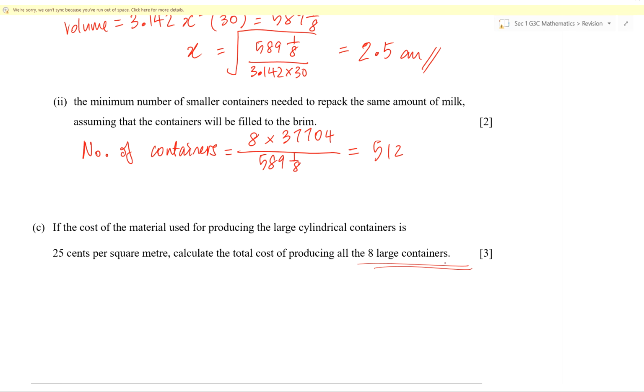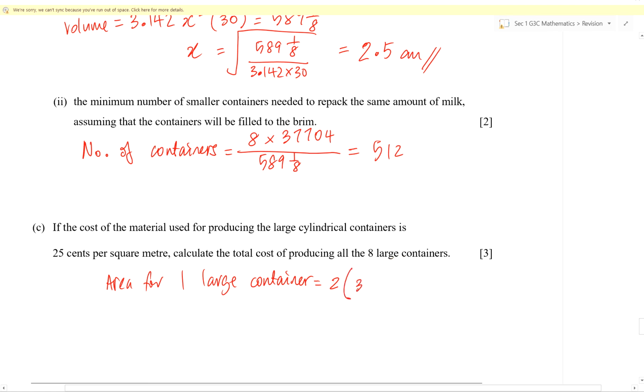So to find the cost of one large container, I need to find the area for one large container. Area for one large container will be given by the total surface area, 2 times the cross-sectional area. The cross-sectional area is actually a circle.